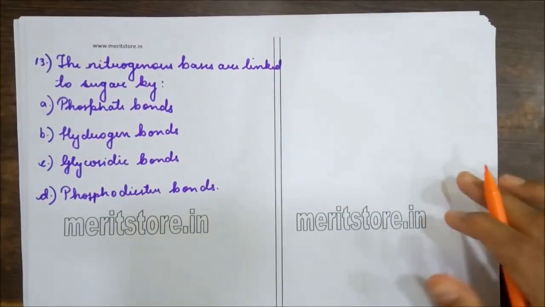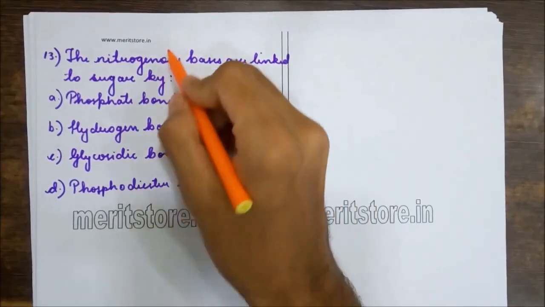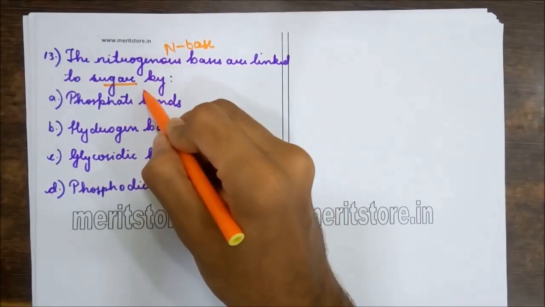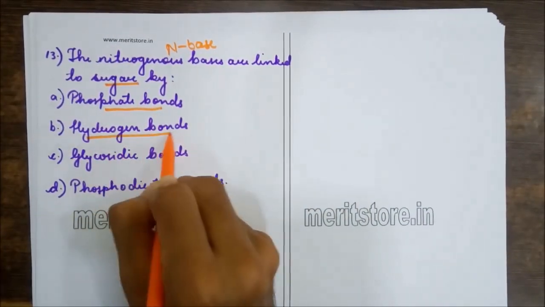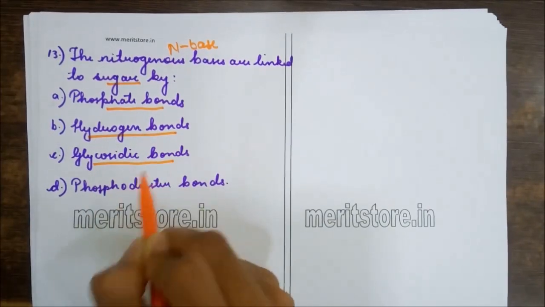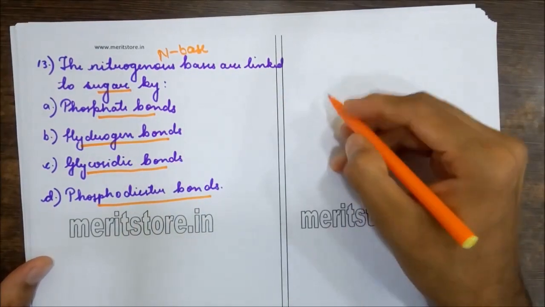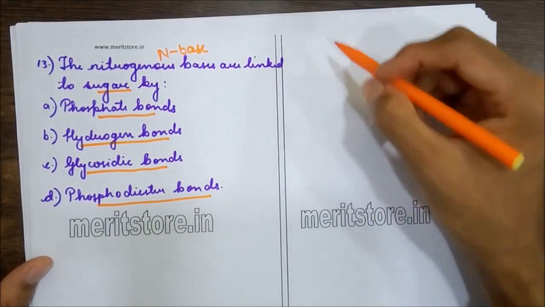Question number 13. The nitrogen bases are linked to sugar by option A, phosphate bonds, option B, hydrogen bonds, option C, glycosidic bonds, and option D, phosphodiesterase bond. For this question to understand, you should know the basic structure of DNA.